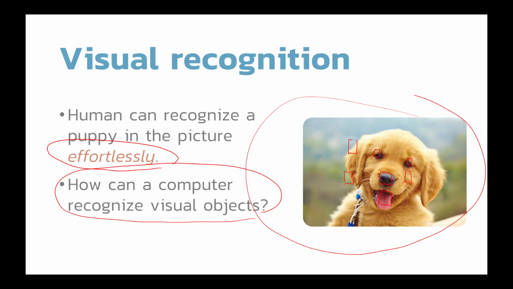We see edges, we see blobs of black things, and then we combine them together into a higher-order representation, like a dog, which has two eyes, one nose, and a tongue, something like that.